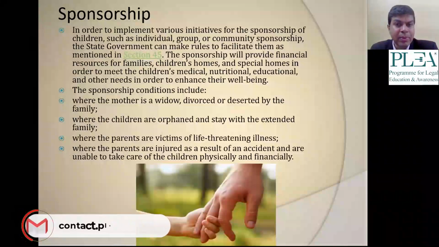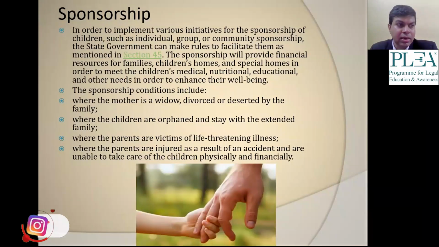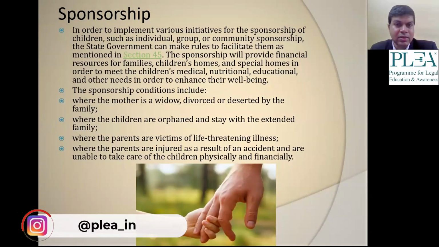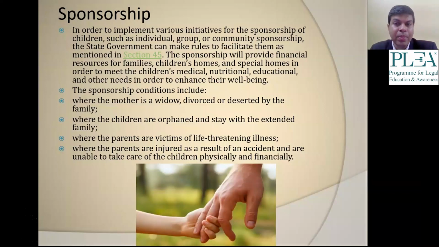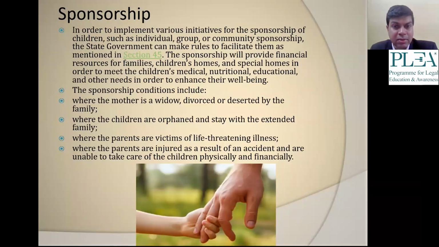That is sponsorship. So in order to implement various initiatives for the sponsorship of children, it can be from an individual, from a group or community, or from the state government. The state government can also make rules to facilitate them, which is mentioned in section 45. This sponsorship will provide financial resources for families, children's homes, and special homes in order to meet the children's medical, nutritional, educational, and other needs in order to enhance their well-being.